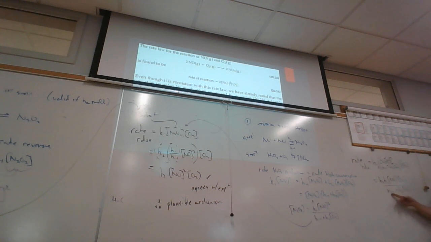Let's say K2 is bigger than this: this term might drop out, and then this cancels, and we're left with second order. But based on the observed kinetics, it's got to be that K2 is small. And that's why we get that equation there.